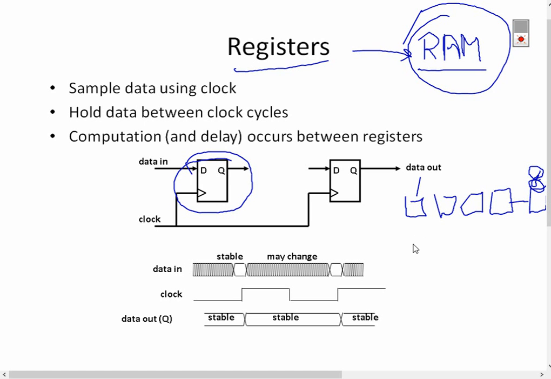Now what I do within RAM, however, is I actually have multiple of these sets of registers, and I can address them through a decoder. So I create an array of bit cells for the size of the word that I'm dealing with, and it may be many, many, many long.